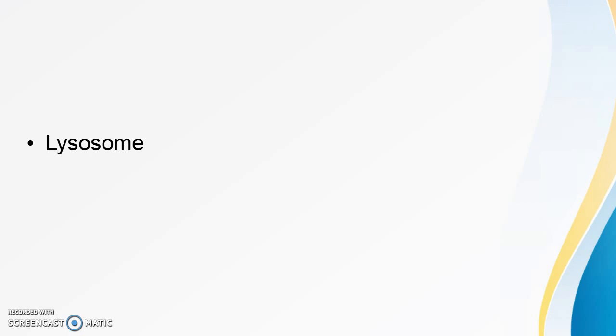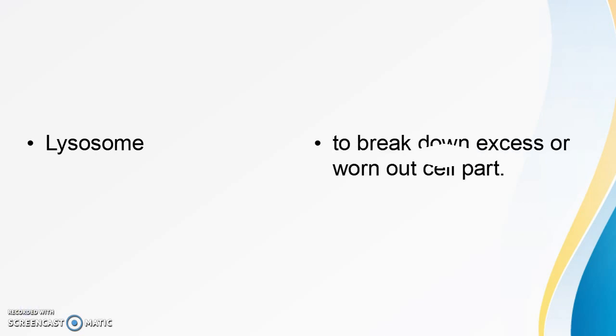Lysosome. Lysosomes are specialized vehicles within the cell that digest large molecules through the use of hydrolytic enzyme. Its function is to break down excess or worn out cell part.